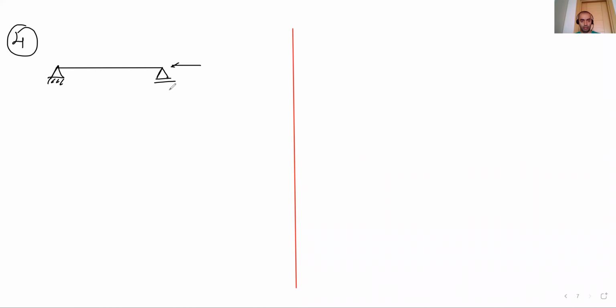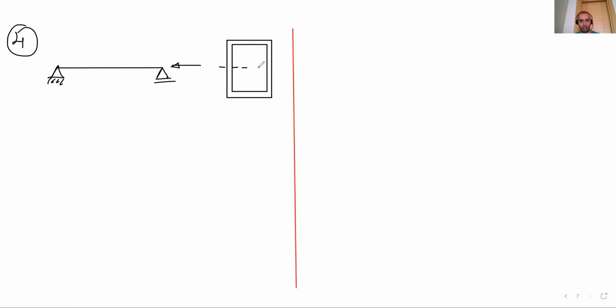Here we have a load. We have a box section again, which is the same section that we used in the previous questions. Let me give all necessary dimensions.